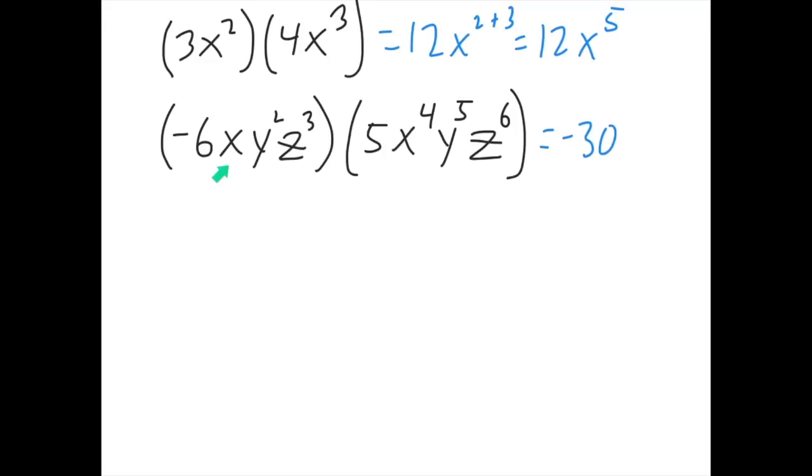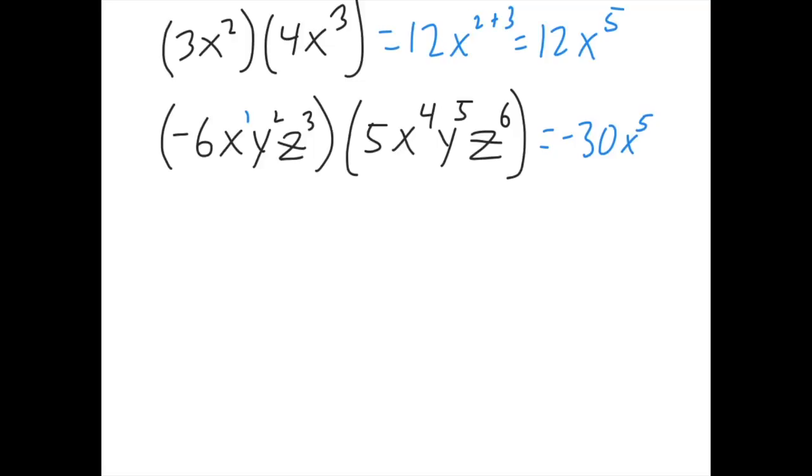Then x times x to the 4th. One thing to note, if you have just x by itself, it's always to the first power. So x to the 1. So 1 plus 4 is 5. So that'll give us x to the 5th.